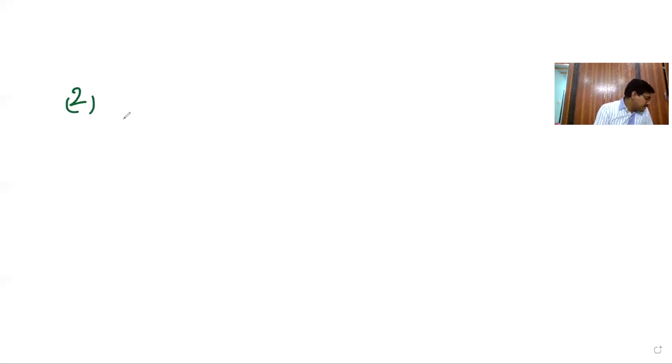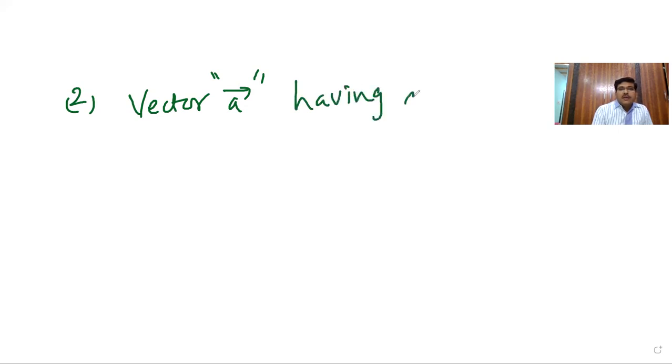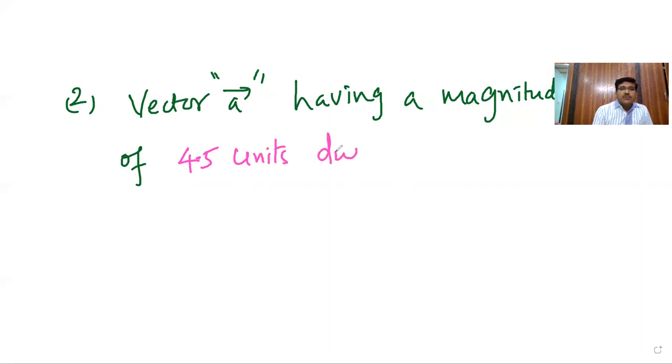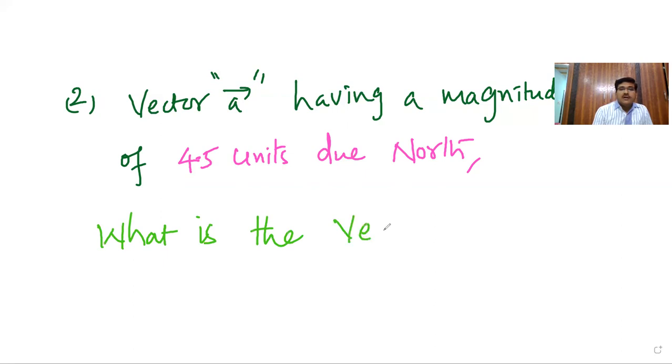The second problem I am taking up is vector A bar having a magnitude of 4.5 units due north direction. Clear? What is the vector?